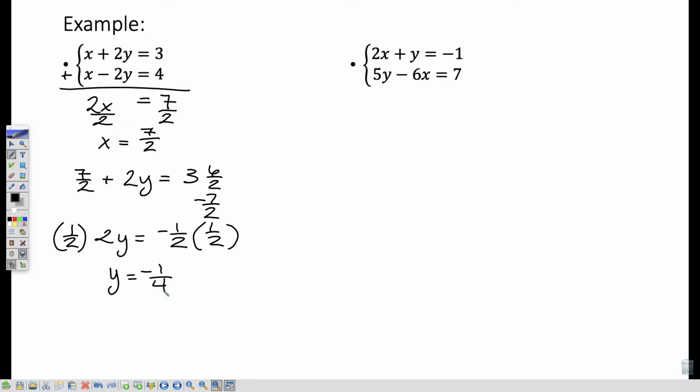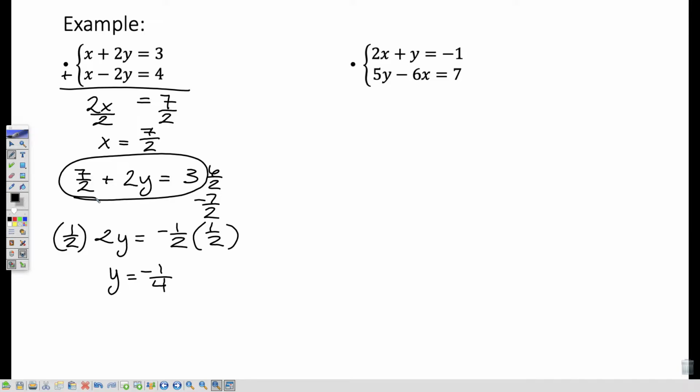I always say if you don't like fractions, you need to learn to get rid of them. Looking back up here, if I wanted to get rid of the 2 in the denominator, what would I need to multiply it all by? 2. But I have to multiply every single thing by 2.